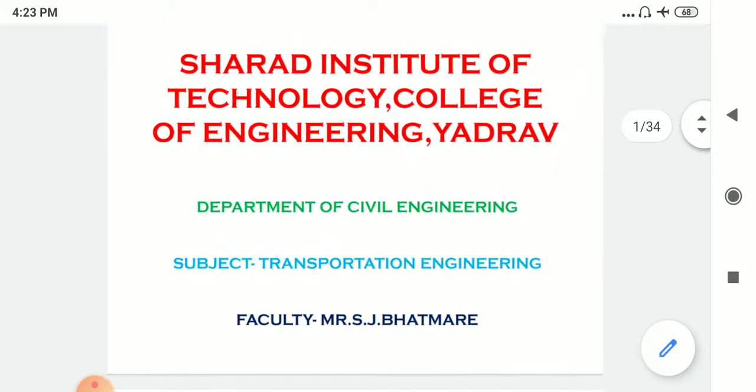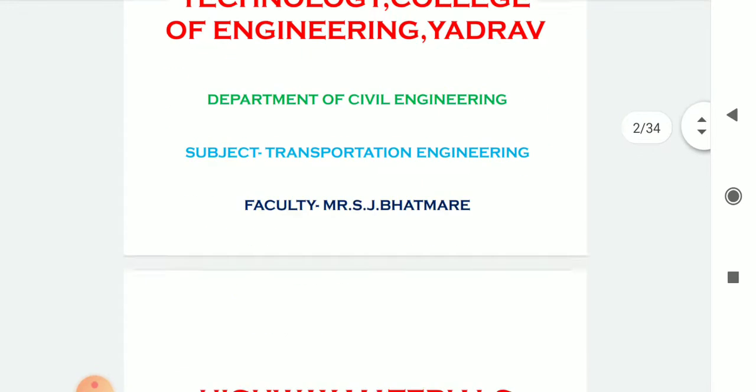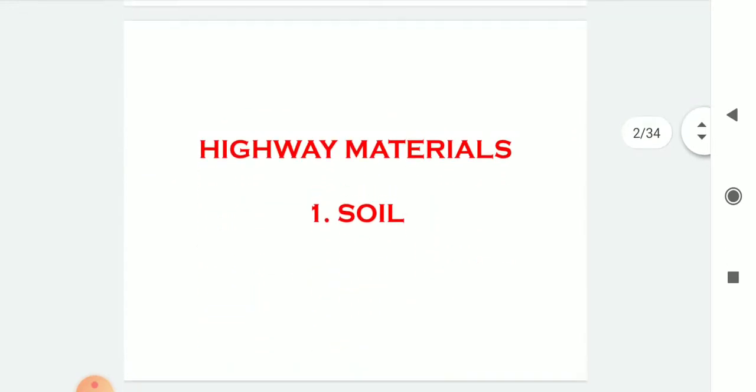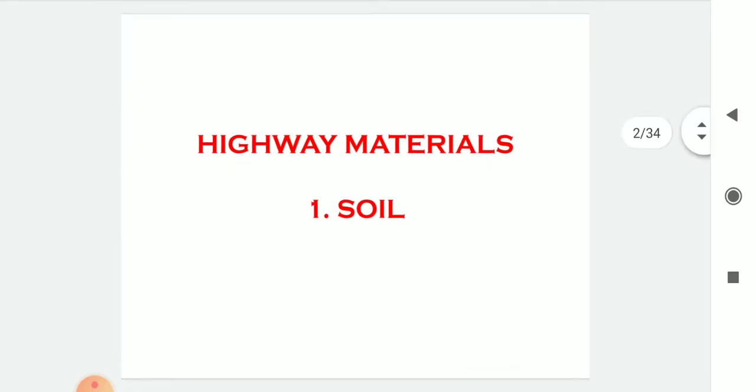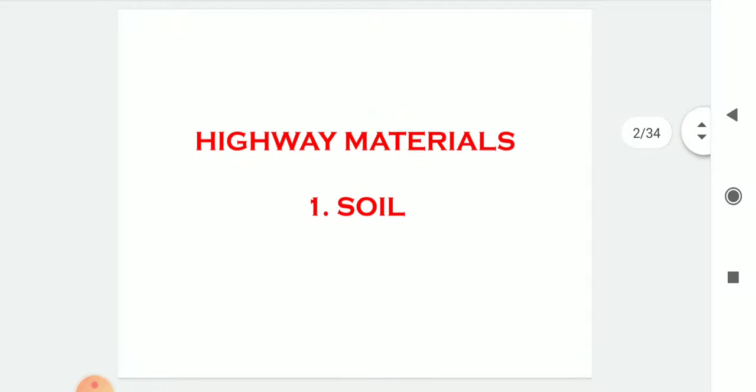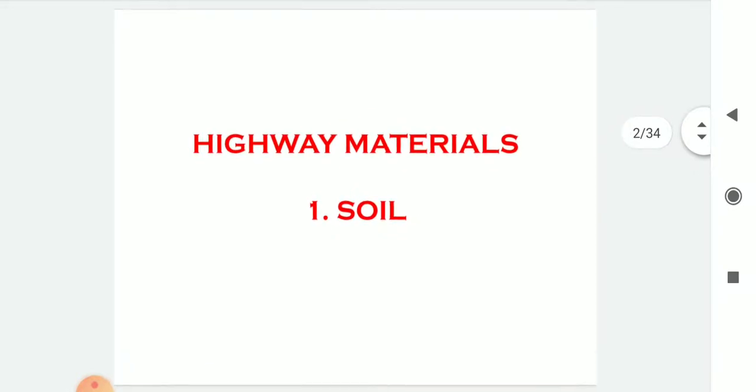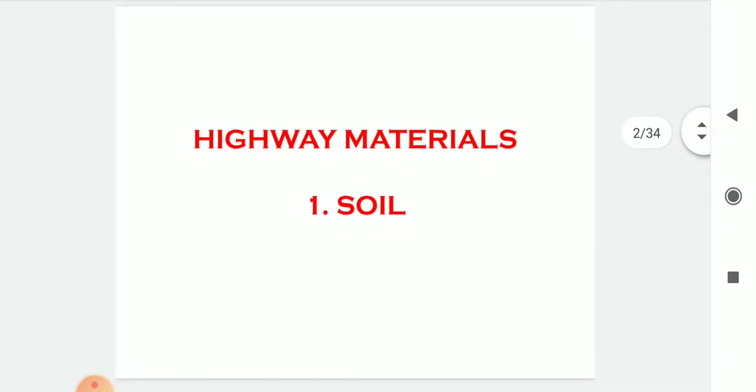In the transportation engineering lecture series, today we are going to discuss our third chapter, highway materials. In it, we are going to discuss the three major highway materials used for construction. The first is soil, the second is bitumen, which is one of the binder materials.